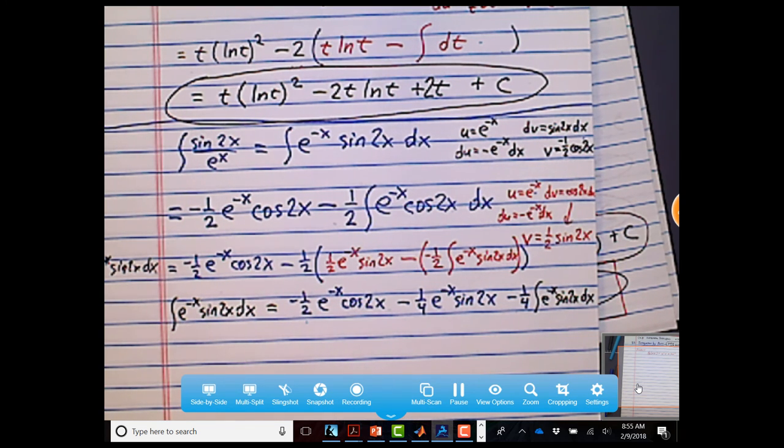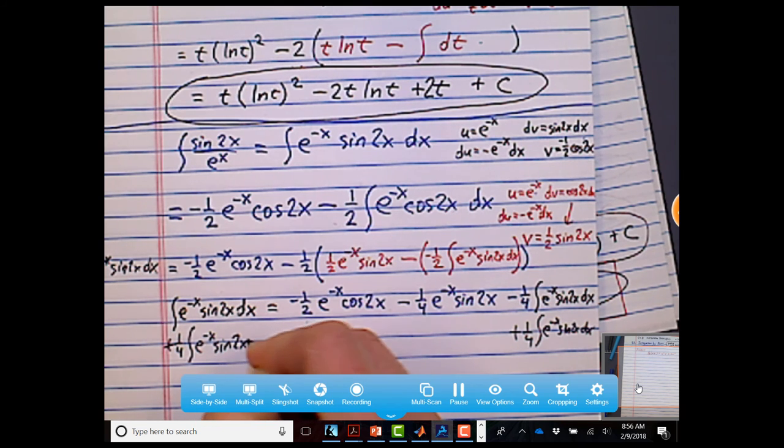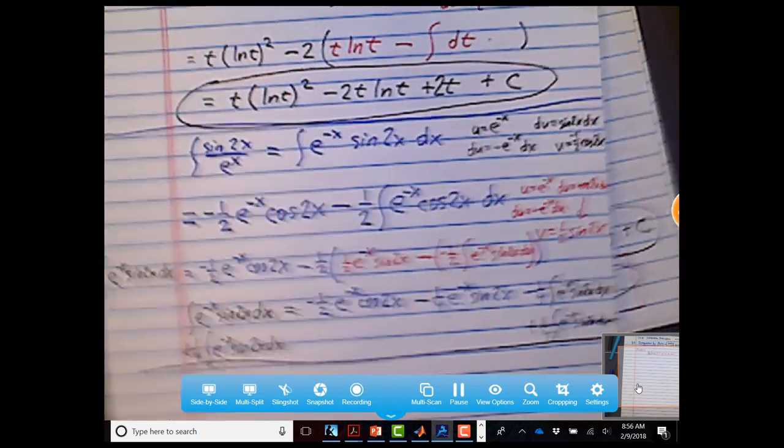Guys with me? Now this is really cool. We're going to add 1/4 e to the negative x sine of 2x dx to both sides of the equation. It's like good old high school algebra class. Add it to both sides of the equation and see what happens.